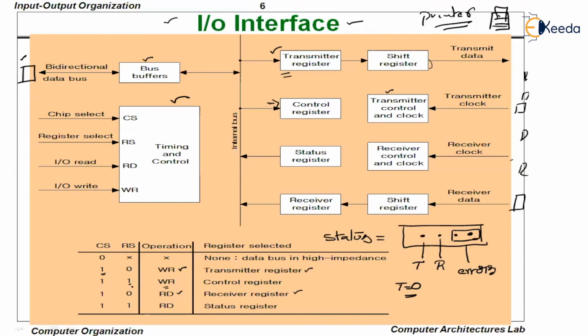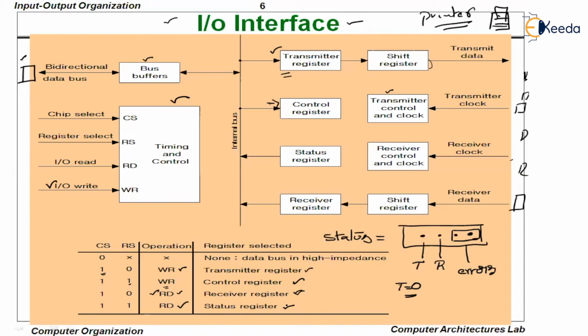If both are equal to 1 and write is enabled, then the control register will get selected. If they are 1 and 0 and the read input is enabled, then the receiver register will get selected. If both are equal to 1 and read is enabled, then the status register will get selected. This is how the I/O interface will be designed.